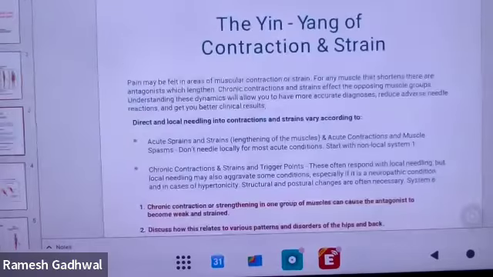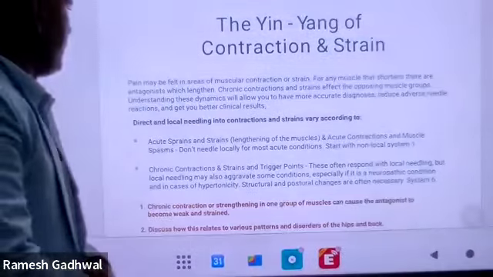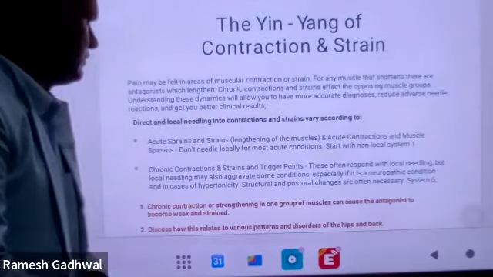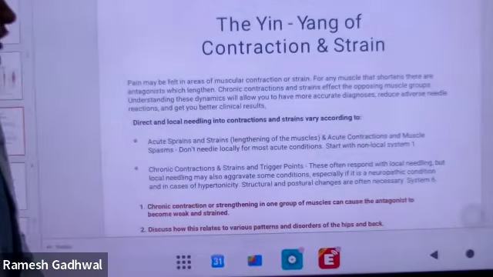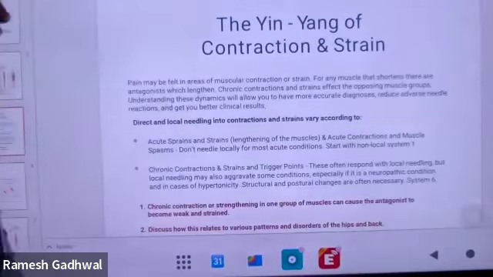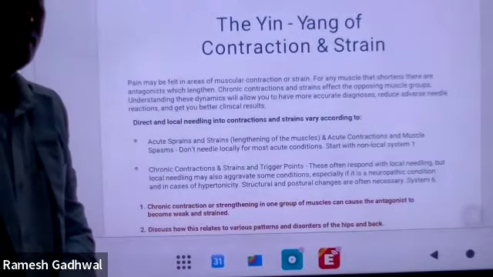How we treat. First, the yin and yang of contraction and strain. All of you know, pain may be felt in the area of muscular contraction or strain. For any muscle that is short, there are antagonists which are lengthening.